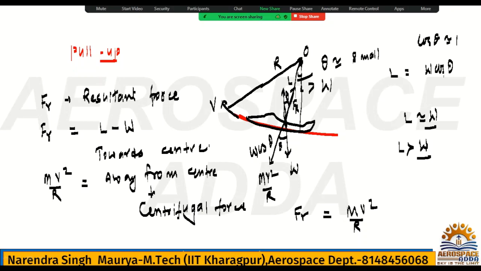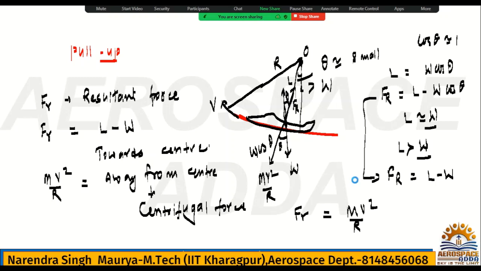But exactly, I must say that theta will not be 0, so you cannot say cos 0 is 1. Whatever resultant Fr you may get will be L minus W cos theta, but that theta is very small, so cos theta becomes 1. For that reason, Fr is L minus W. So this should be very clear. In short, I thought you may understand, so I skipped that part.